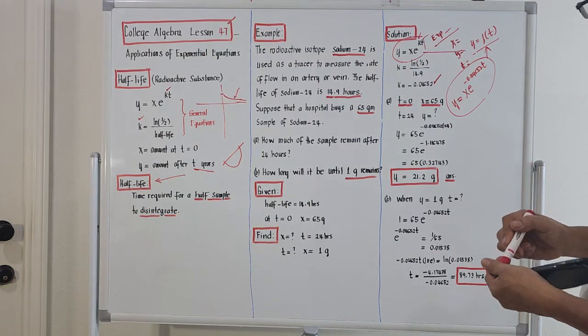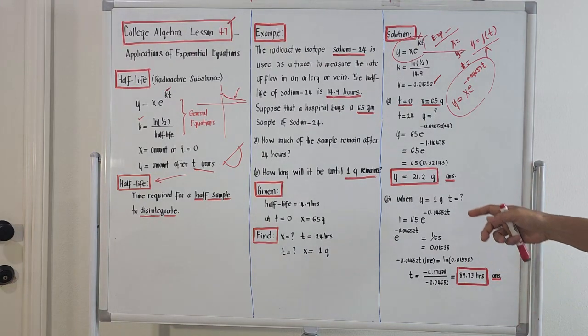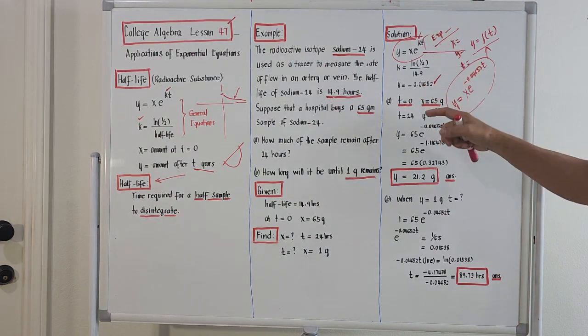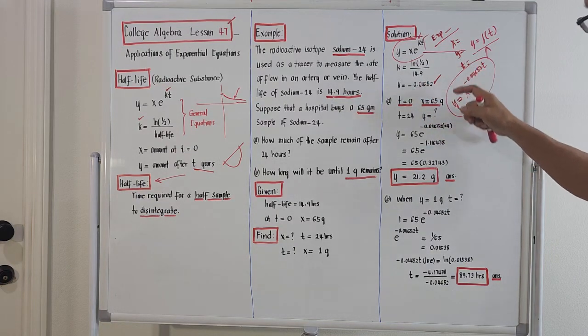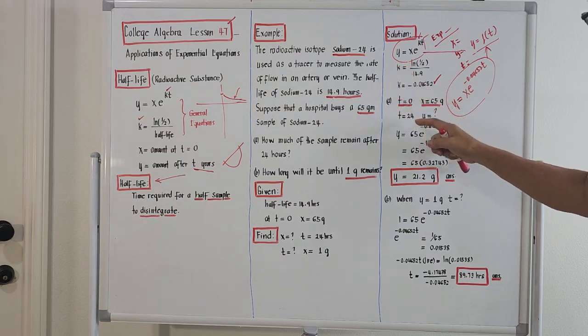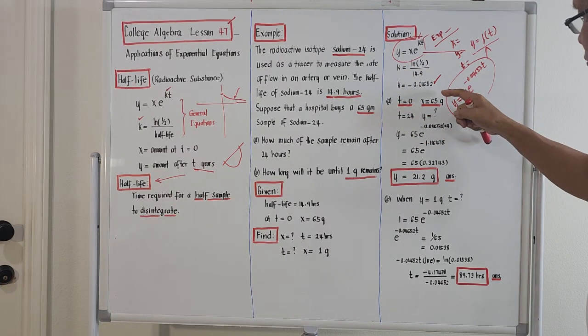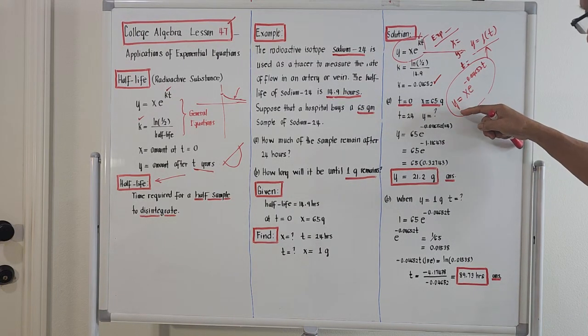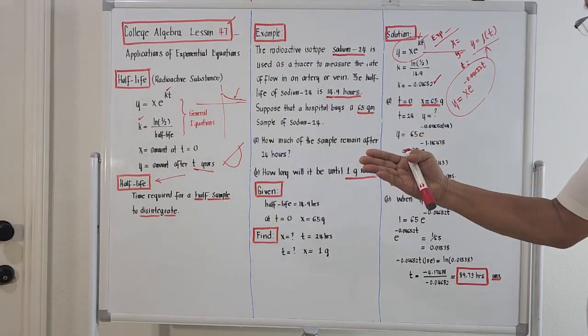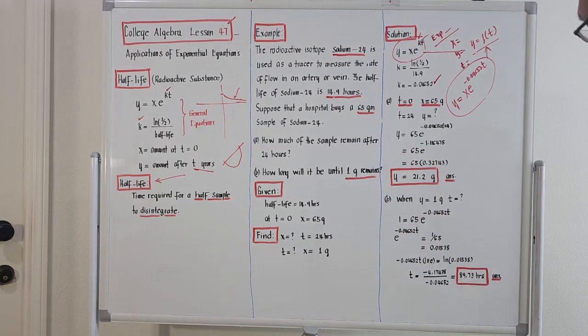The initial condition at time t equal to 0 is 65 grams. The problem asks how much will remain after 24 hours. Since we are given the relation, it's an easy solution. It's just a direct substitution.